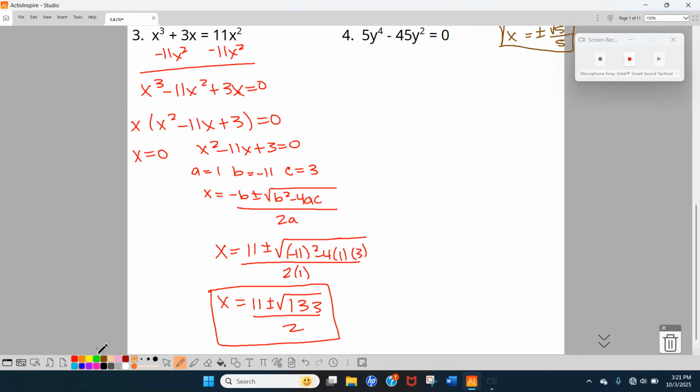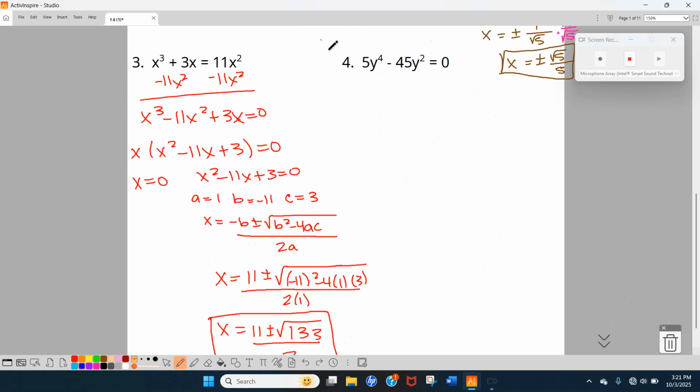All right, so number 4, let's see. We can just take out a 5y squared. So we'd have y squared minus 9.